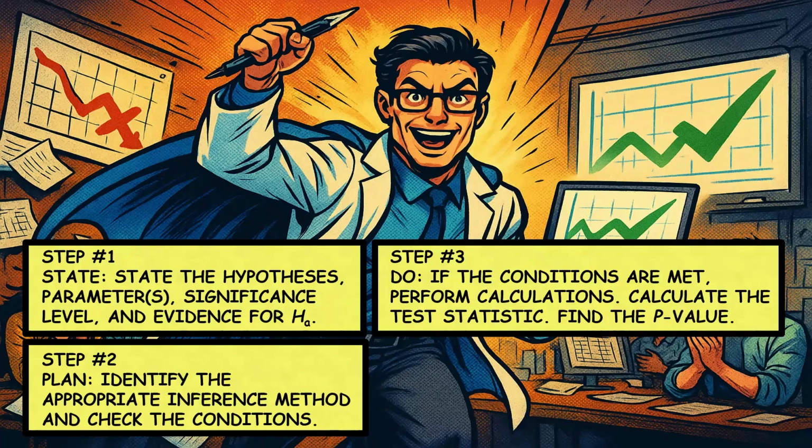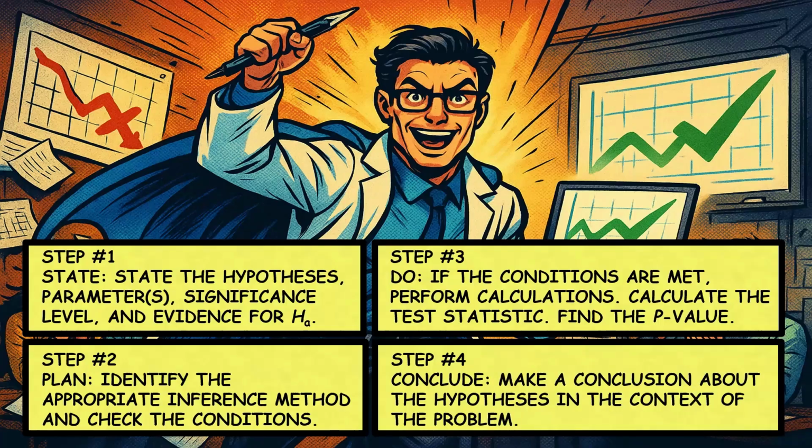Then if the conditions are met, you perform the calculations, calculate that test statistic and find the p-value. And then finally, you make a conclusion about the hypotheses. In the context of the problem, you compare your p-value to your alpha level, and depending upon which is bigger, you either accept or reject the null hypothesis, and then reject or accept the alternative hypothesis.